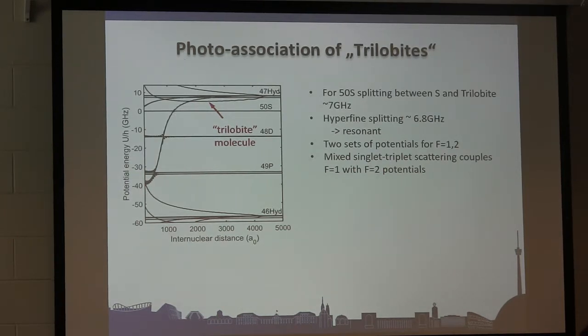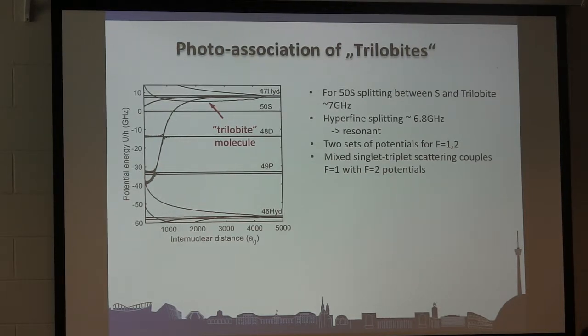And now when we bring all the spins into play, of course, there's also the hyperfine splitting of the Rydbergs coming into play. And this is actually 6.8 gigahertz. So that's actually the reason why I keep showing you 50S potentials, because there this hyperfine splitting gets almost resonant, or resonant, with the splitting between the S state and this Trilobite molecule.